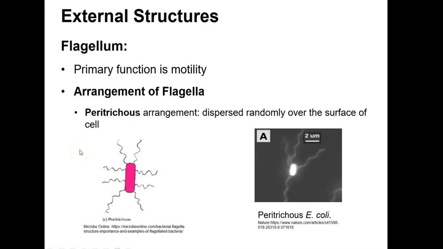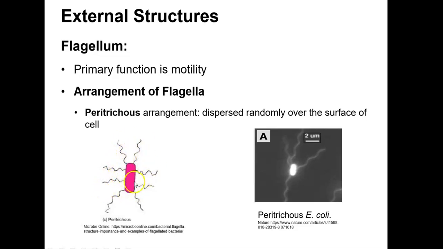So we have peritrichous, which is one of the terms that we use to describe the arrangement of the flagella. So peri, think of perimeter. We have flagella that are dispersed over the entire surface of the bacterial cell. And so they can be coming out of one pole of the cell or the other pole of the cell or off the sides of it.